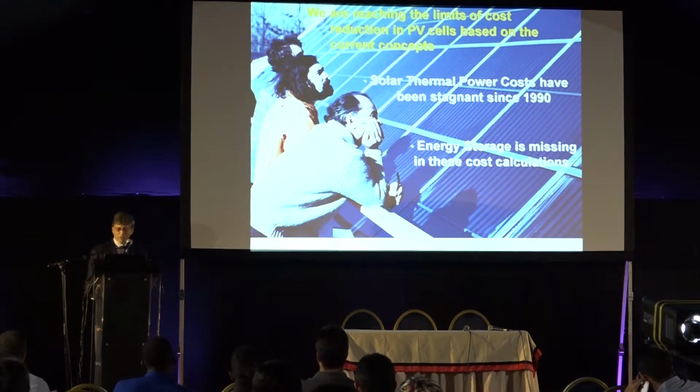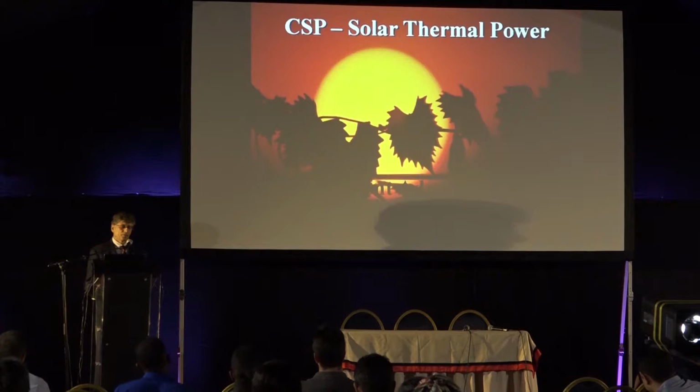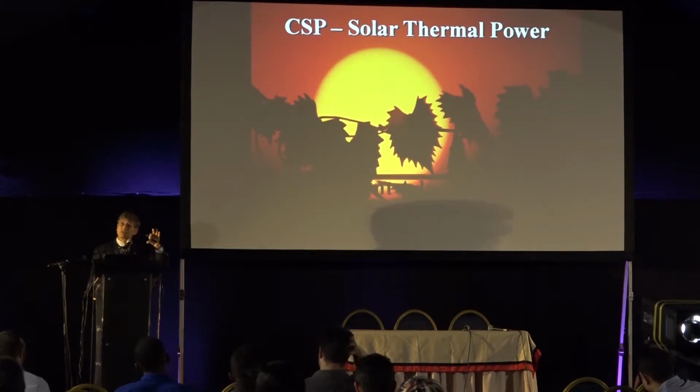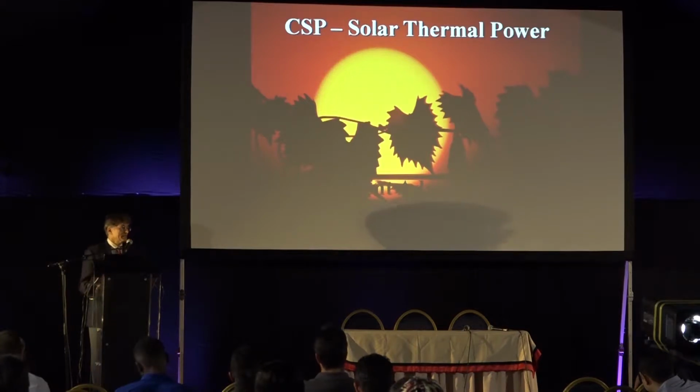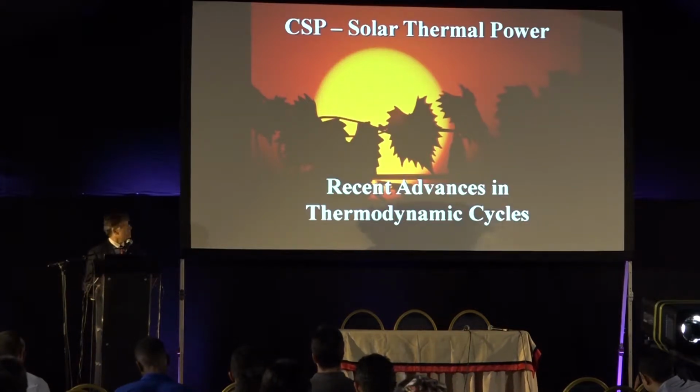So when it comes to solar thermal power, we also call it CSP, concentrating solar power. One area where advances are being made and can be made that will reduce the cost of electricity is the thermodynamic cycles.